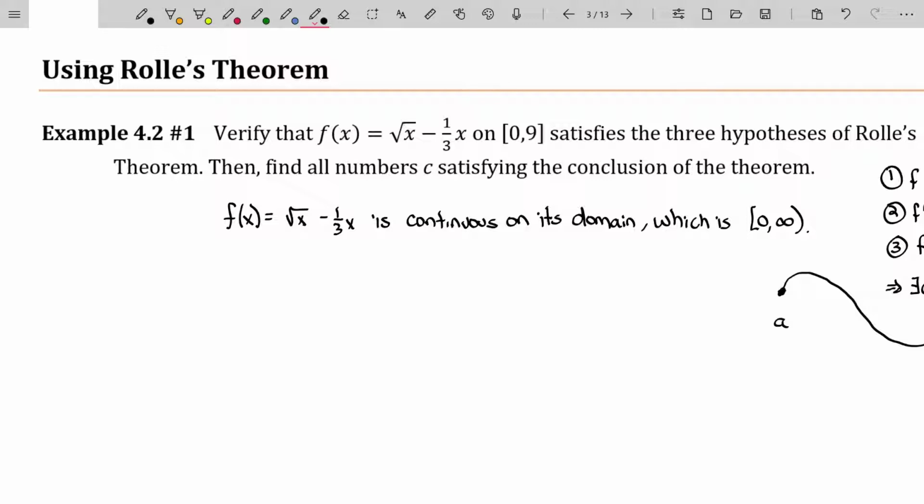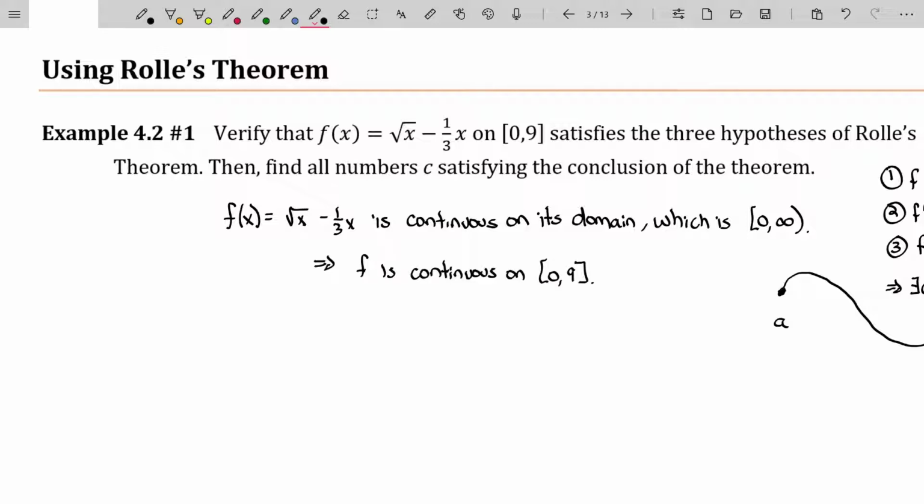So now when somebody asks, is this function continuous? All I need to state, or cite, is that theorem. These functions are all continuous on their domain, and the domain of this function here is 0 to infinity, including 0. And so therefore, this function's continuous from 0 to 9. That's all you have to do.